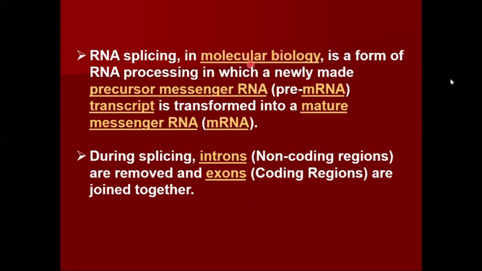In molecular biology, RNA splicing is a form of RNA processing in which a newly synthesized precursor messenger RNA is transformed into a messenger RNA. Okay? So during splicing, the non-coding regions, what are they again? Introns. They are removed. And the coding regions, again, what are they? Exons. They are joined together.